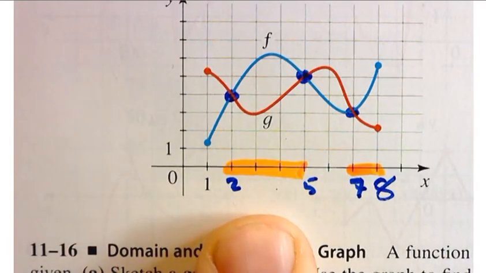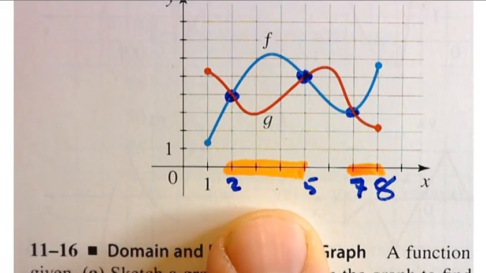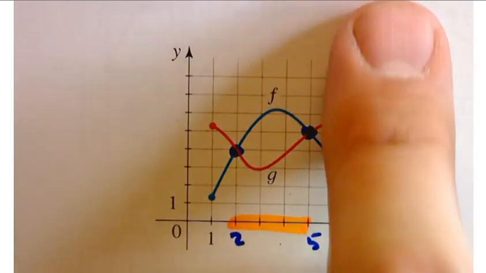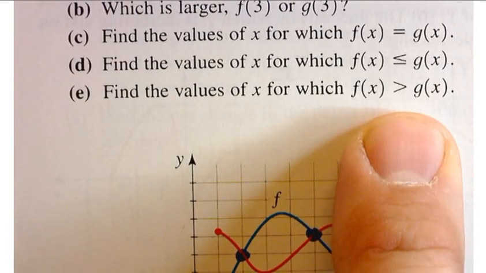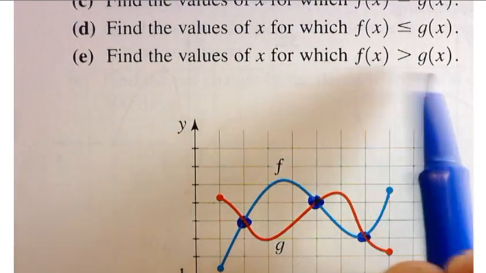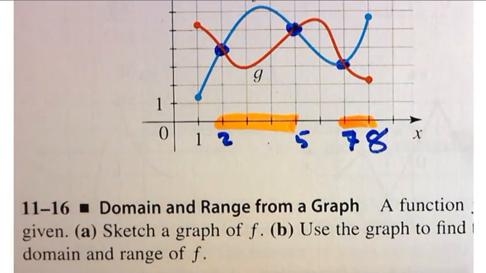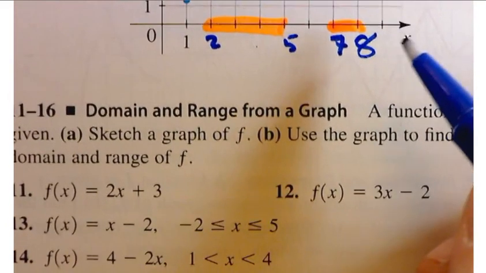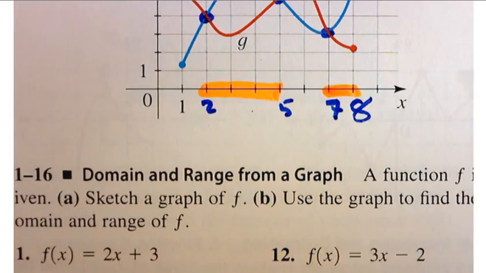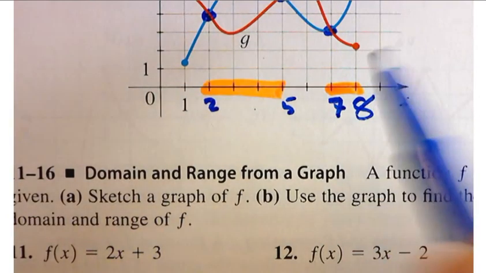Now, when I express these in intervals, 2 comma 5, should I use parentheses or brackets? Parentheses, because I have a greater than, not a greater than or equal to. They're equal at 2 and at 5, so at 2 and at 5 this wouldn't be true. It's just between those. Same thing with 7 and 8. Actually, not quite 8. What's going to be different about 8? Yeah, 8 can be a bracket.